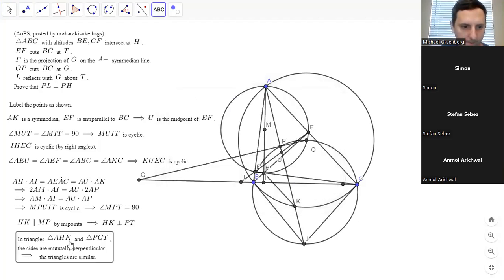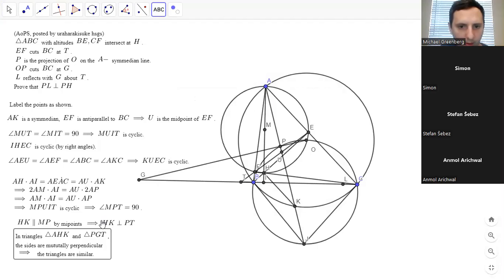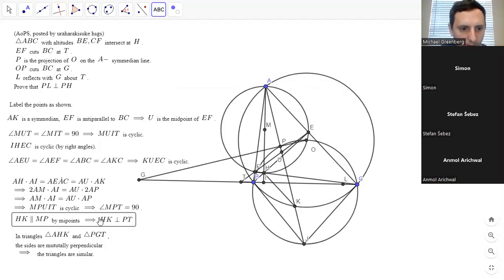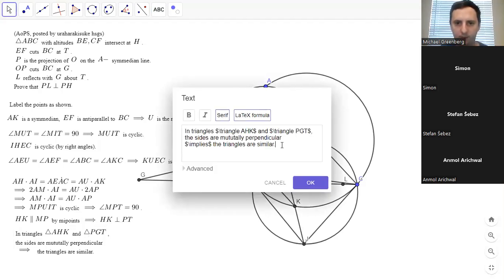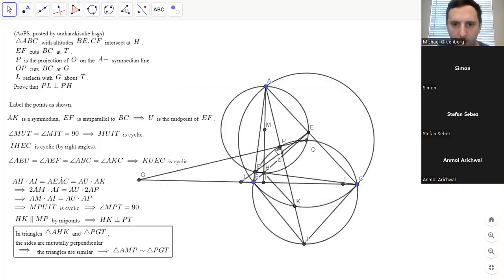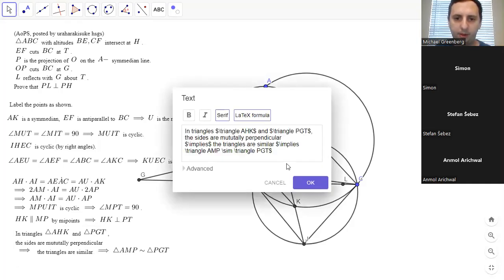So AHK, and that implies AMP is similar to PGT. And I'll say by a spiral similarity at P.